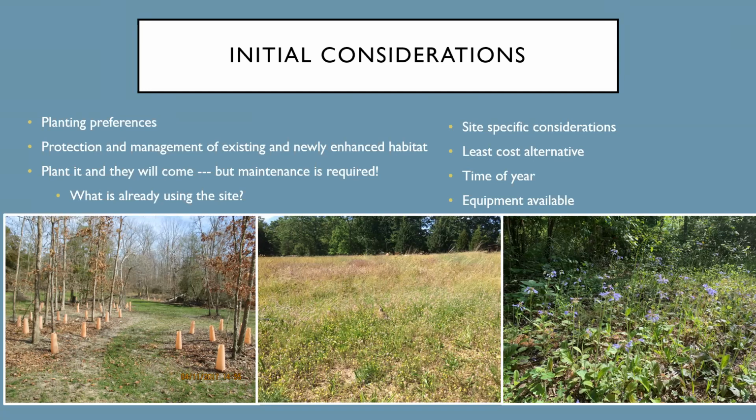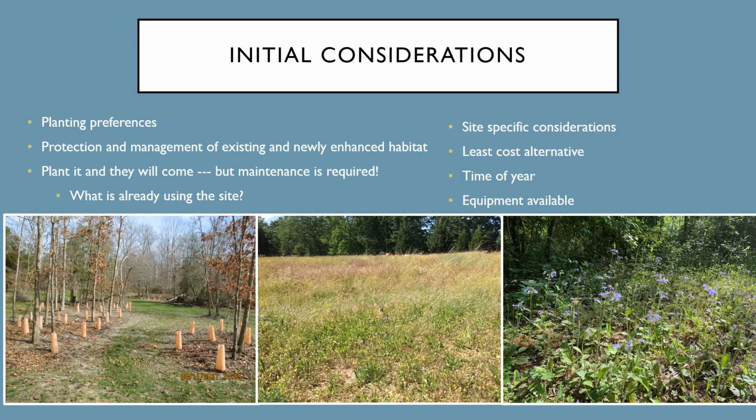And so some projects could be very simply implemented by simply reducing your mowing schedule. The bottom right photo is some salvia that is just along an unmowed edge of road here in the county.